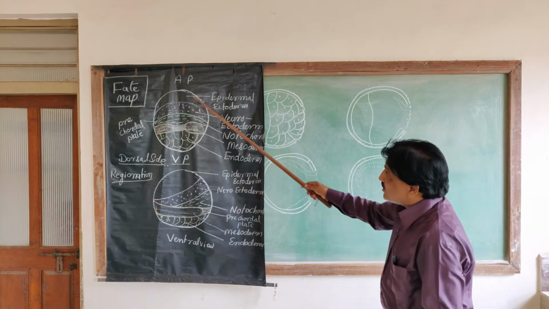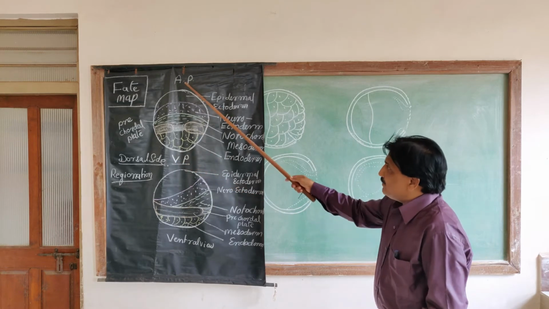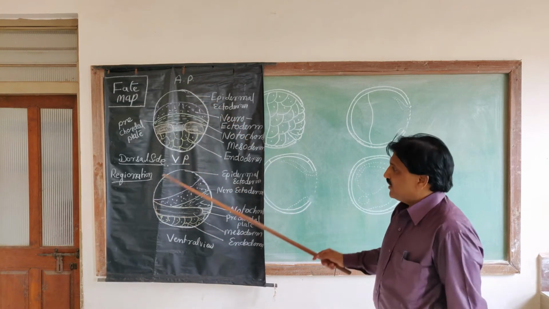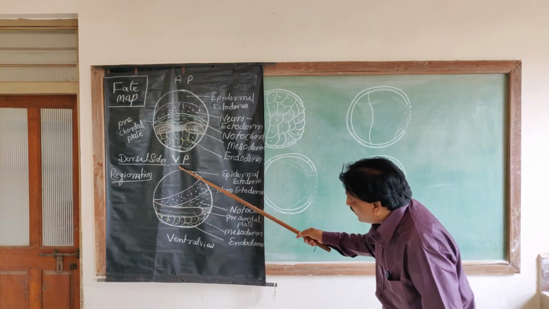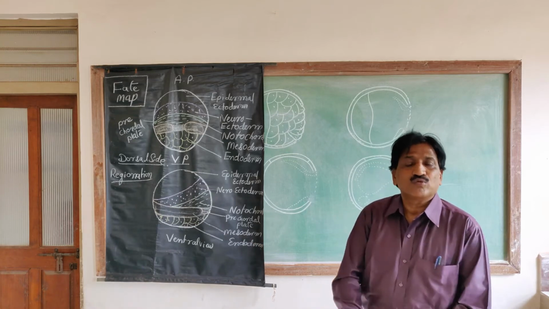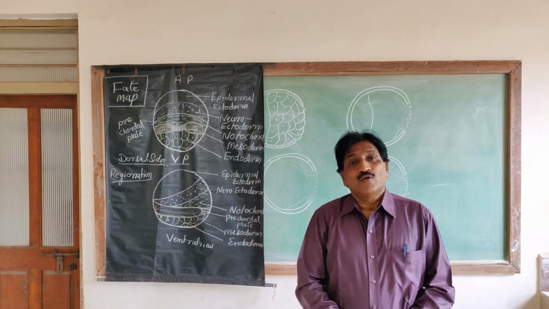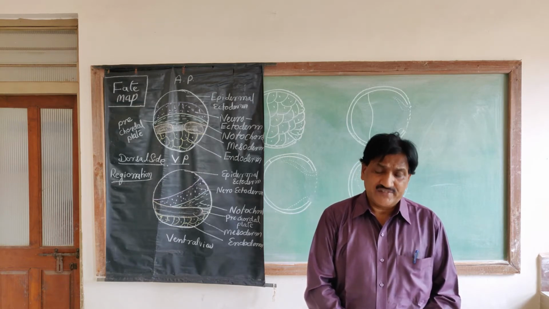You have to write animal pole and vegetal pole. AP means animal pole, VP means vegetal pole. Similarly, in this diagram also animal pole and vegetal pole. You have to draw 2 diagrams, the dorsal side as well as the ventral side.